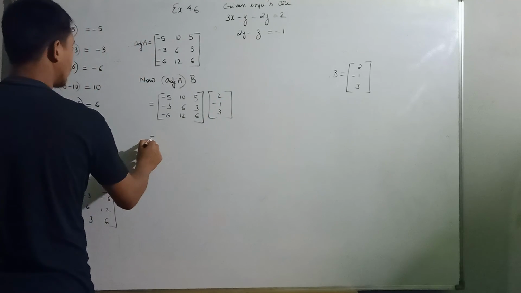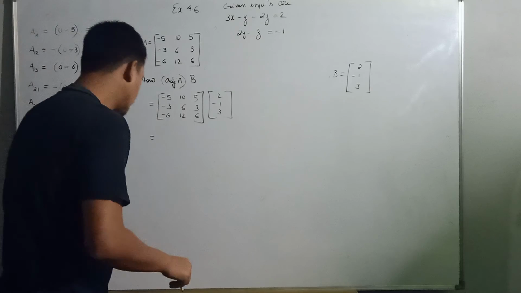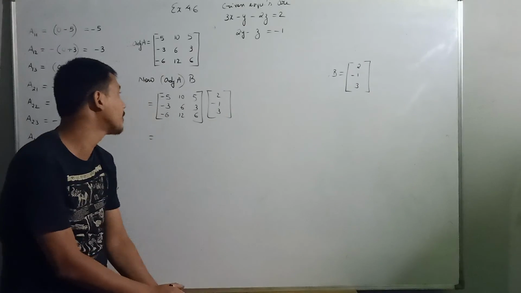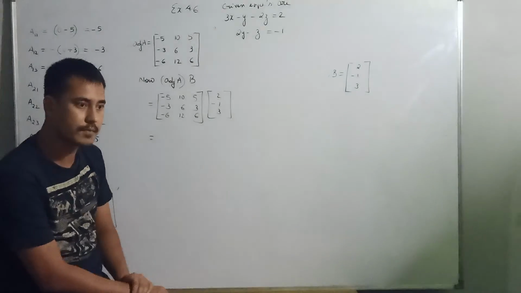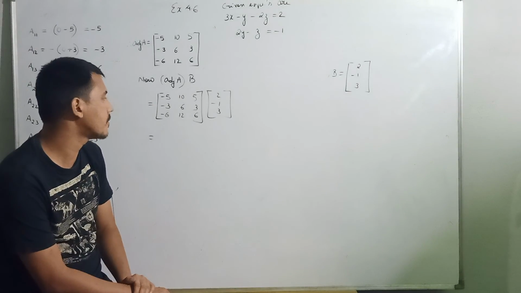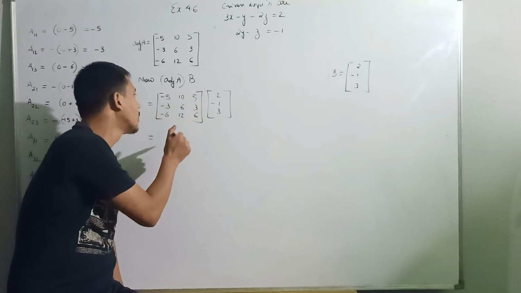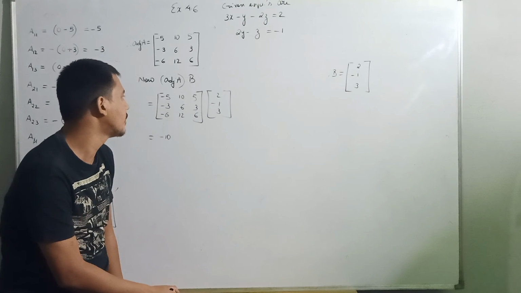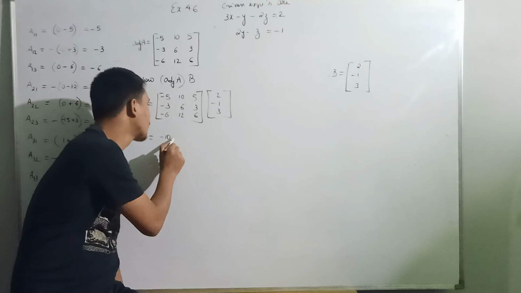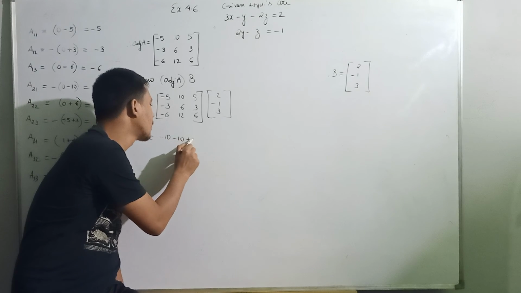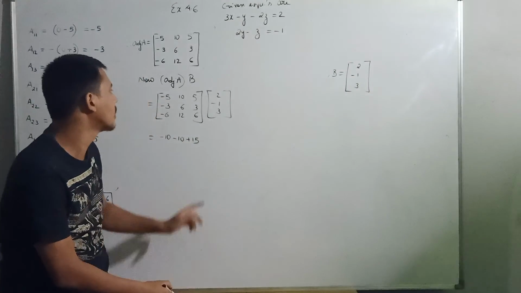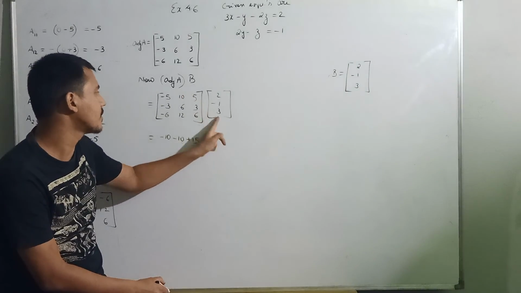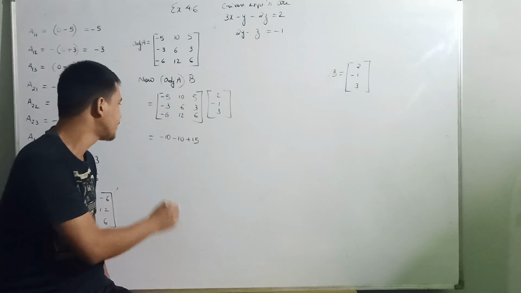First row will multiply first column: minus 10, minus 10, plus 15.